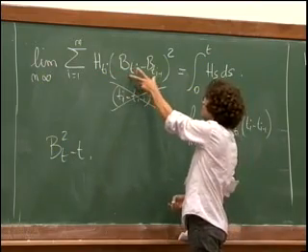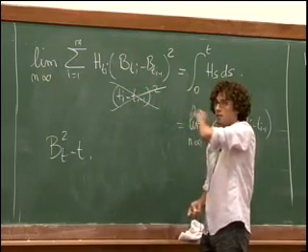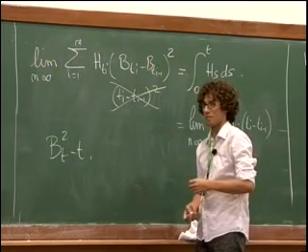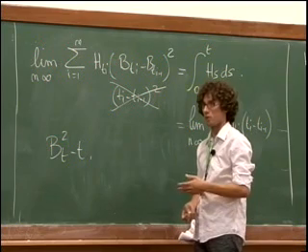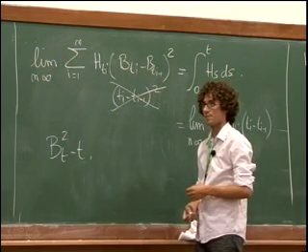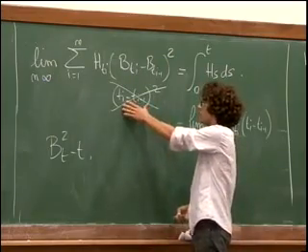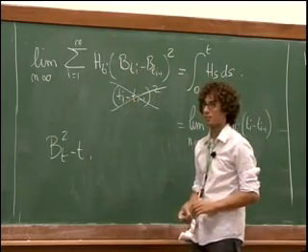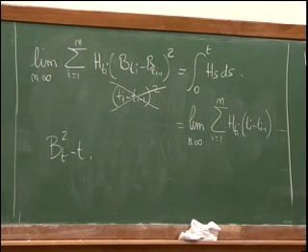Yes, but B_{t_i} minus B_{t_{i-1}} is not of order 1 over n. That's the thing. It's typically of order 1 over square root of n. That's really different from t_i minus t_{i-1}, which is of order 1 over n.